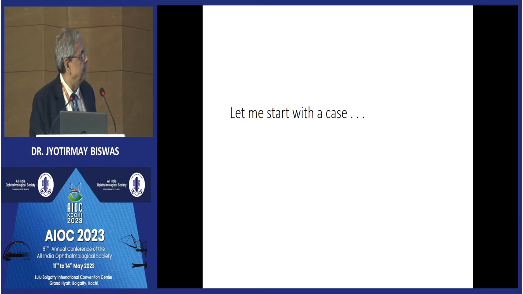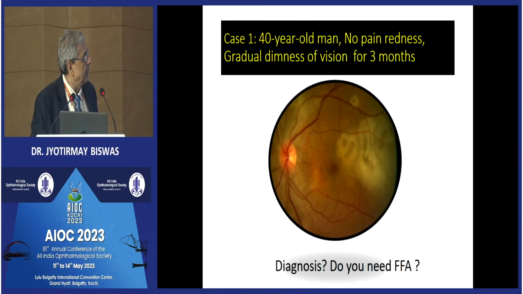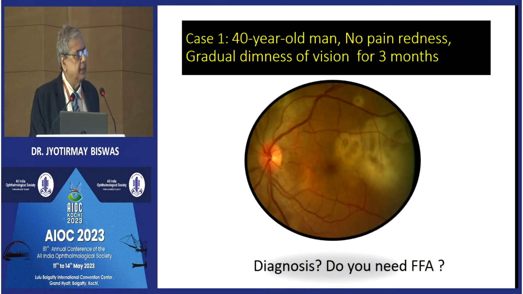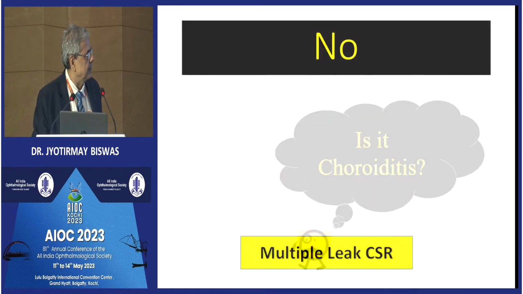This is my opinion. This is a 40-year-old man who had painless, no redness, gradual dimness of vision for 3 months. Look at the fundus picture. Do you think it's choroiditis? And do you need an FFA? Of course, you need an FFA. Is it choroiditis?